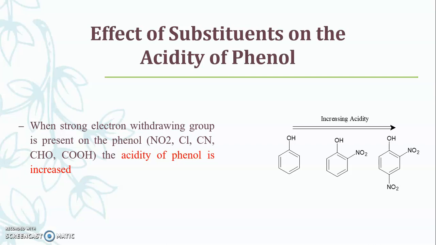But as the electrons on oxygen decrease, the negativity of oxygen decreases, and its ability to hold that proton decreases. That's why the proton is easily detached from the oxygen, and that's why these phenols act as acidic compounds. So this is about the effect of the electron withdrawing substituent.